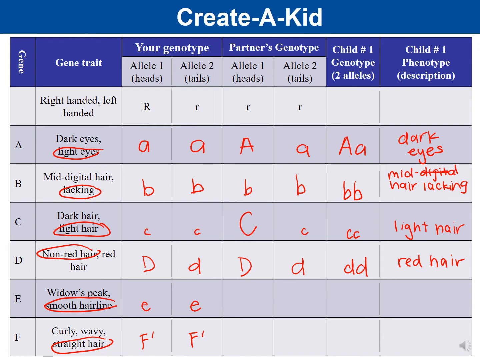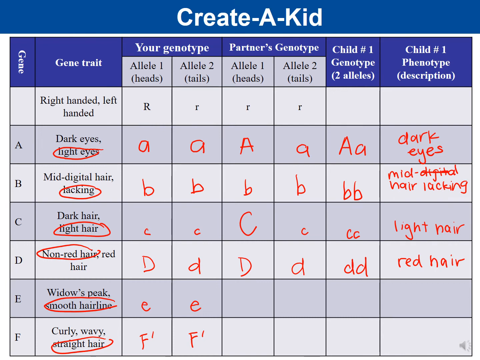They're just not visible. So you're going to do this and you're going to create a kid for all of your traits. You are also, under that table, going to draw to the best of your ability what that child would look like based on these traits that you're getting. It's not an art contest. You're going to do that once, you're going to have one kid.